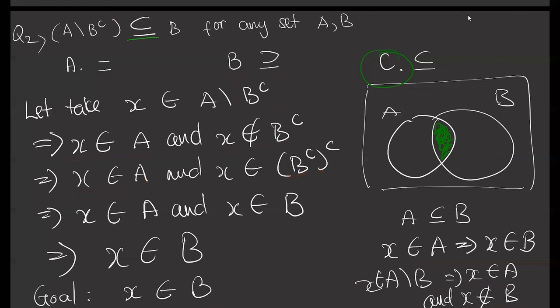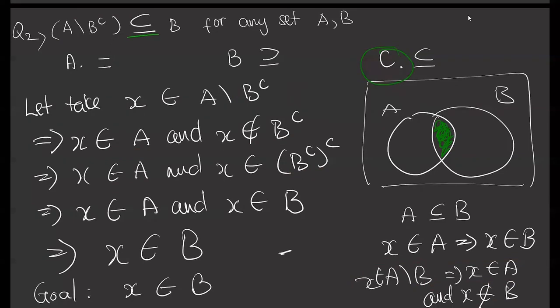So you can think of complements like a negative, like negative 3, and then you negate it one more time, it just gives you 3. So the complement works like that as well. So the complement of B complement is actually B. So when we have X in A and X in B is true, then we know that X in B is also true.